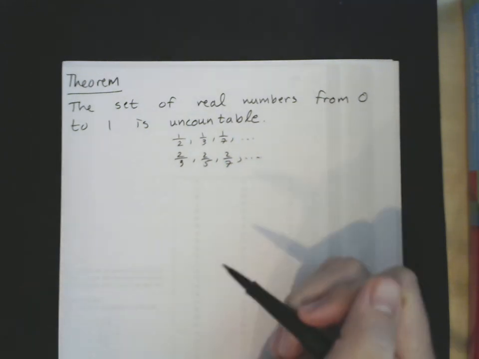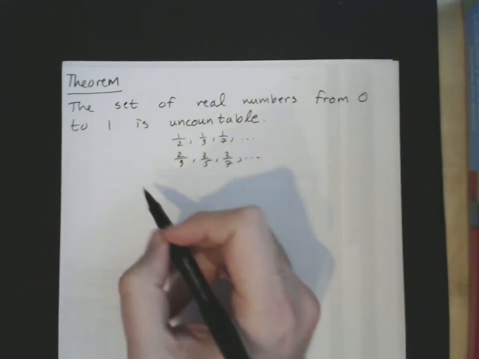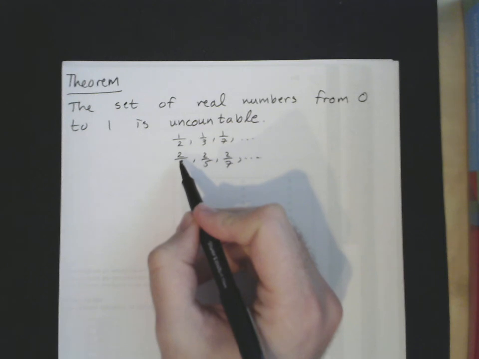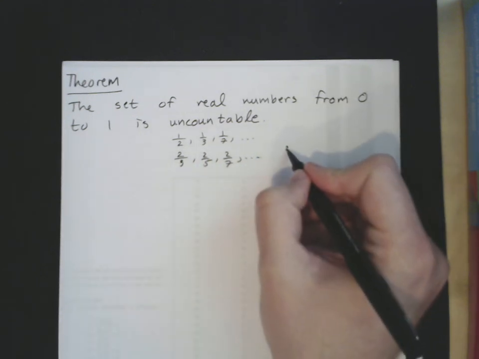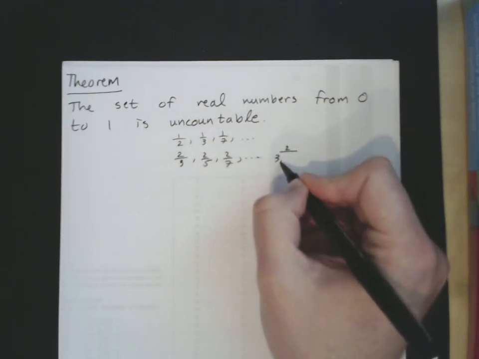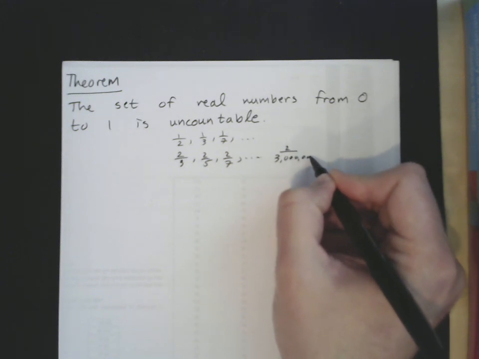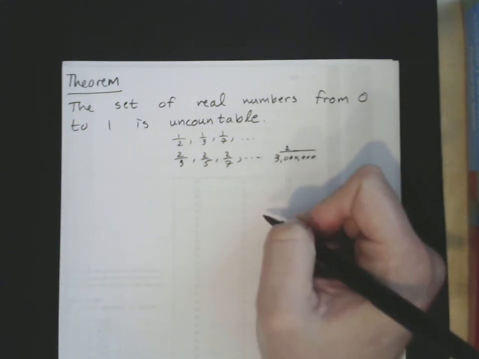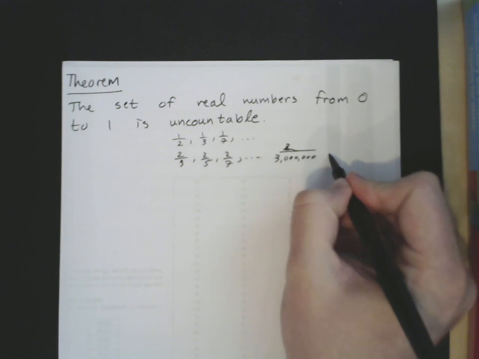We can't use the same trick. People tried, but you can't use the same trick because you have 2/3, but you also have 2/3 millionths. And then that continues on and on.